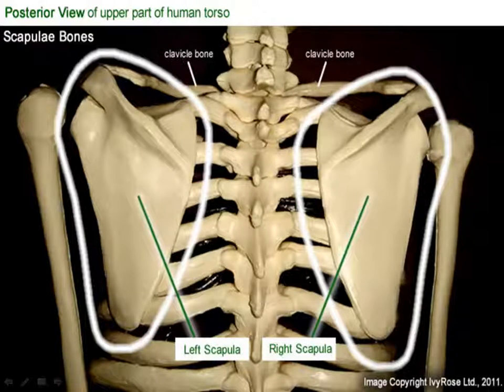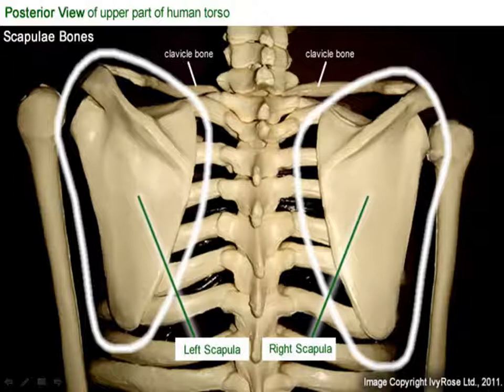You can clearly see in the figure that it is a triangular bone which is present on the posterior aspect of the thoracic cage. Actually, not exactly posterior, but the proper word is posterolateral to the thoracic cage.